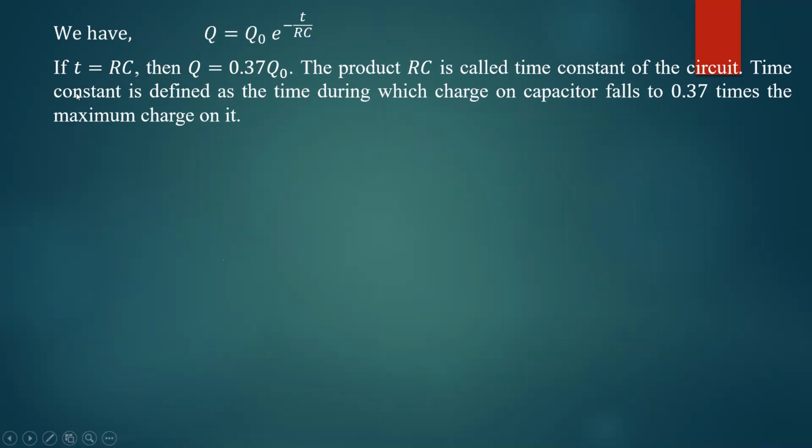Time constant is defined as the time during which the charge on the capacitor falls to 0.37 times the maximum charge on it during the discharging. This relates to discharging, don't confuse it. During charging, 63% is charged at t is equal to RC. During discharging, it decreases to 37% when t is equal to RC.